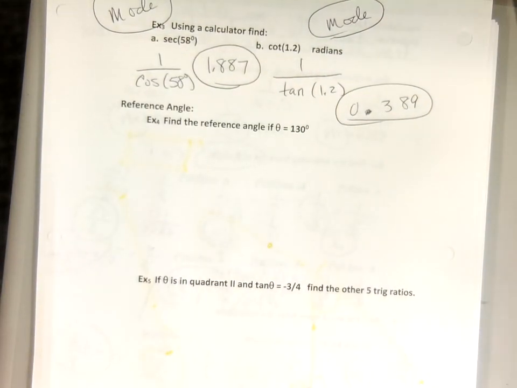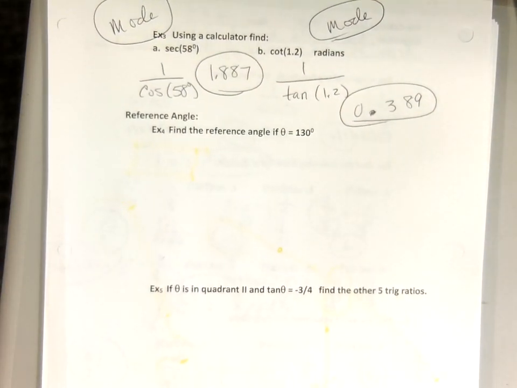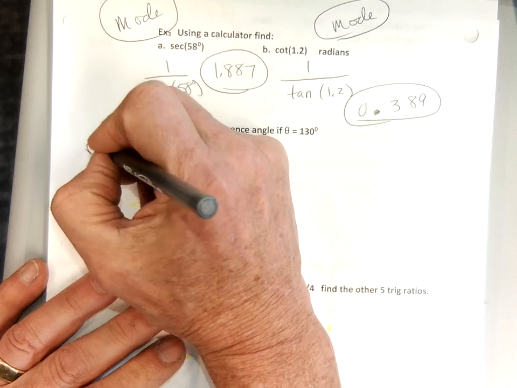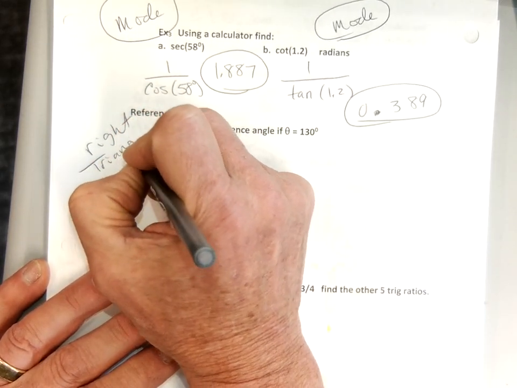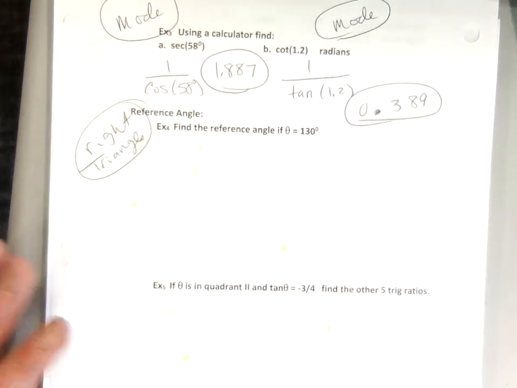Now the reference angle, okay? I've talked about the reference angle before, but a lot of times kids don't get it the first time. So the reference angle, we've got to think about a right triangle, because the sine, cosine, and the tangent, all of those are created by a right triangle, right?